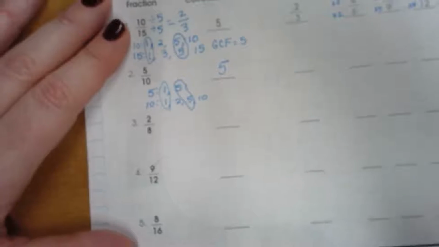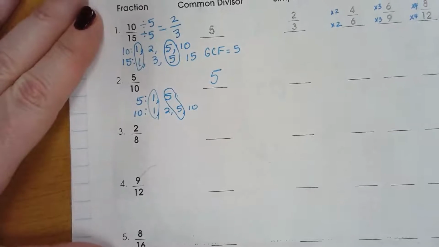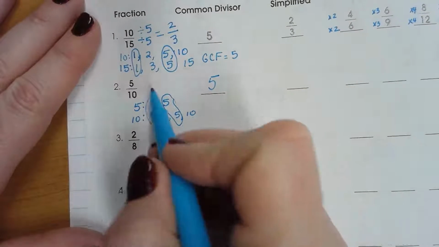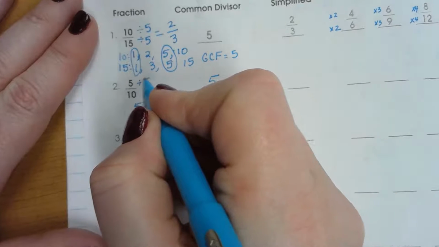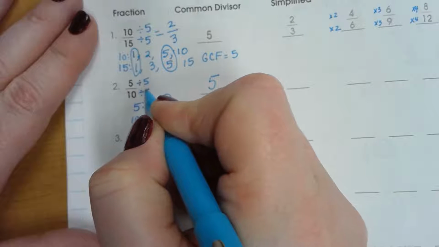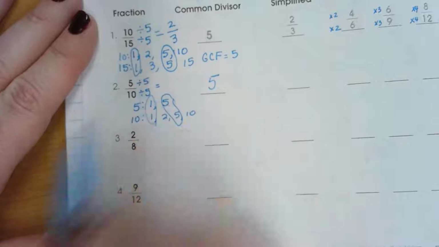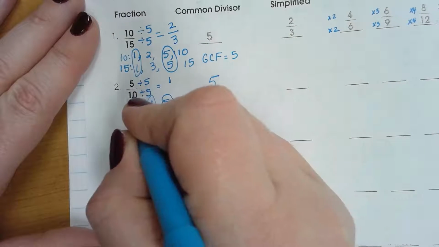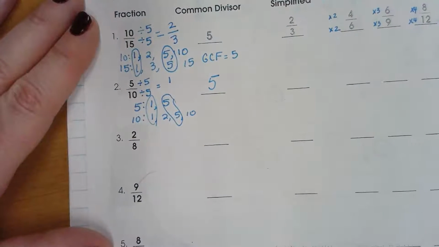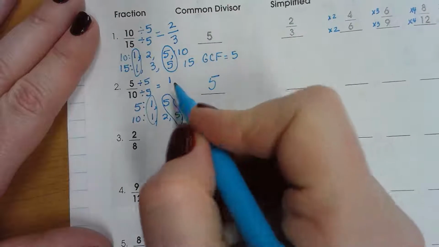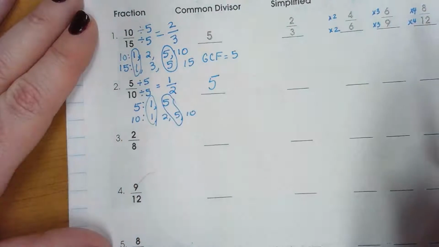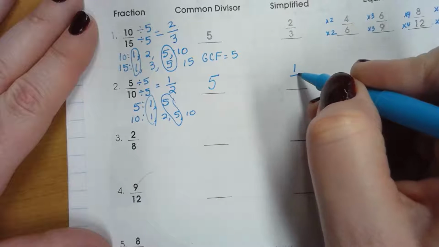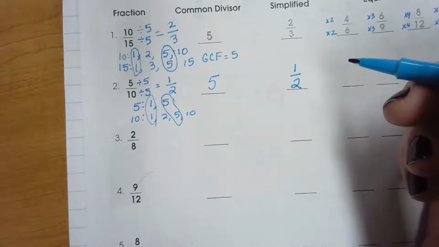Whoop, that didn't focus. Let's try it again. Sorry about that, guys. Okay, here we go. So we can divide the 5 by 5 and the 10 by 5. What is 5 divided by 5? 1. 10 divided by 5, or what times 5 is 10, is 2. So simplified, we have 1/2.